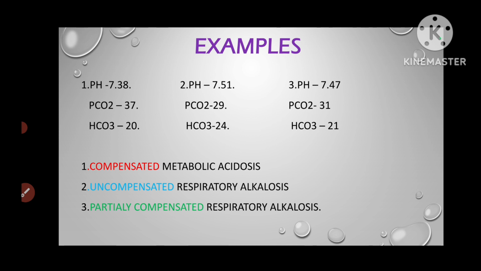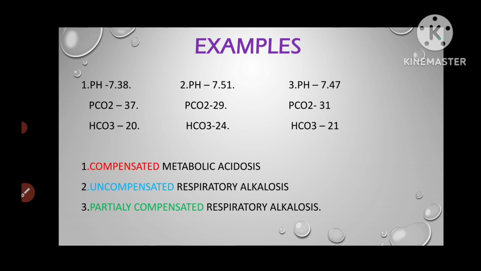In the second case, the pH value is 7.51, which is higher than the normal value, which indicates it is alkalosis. Now we will compare PCO2 with pH. PCO2 is decreased from the normal value of 35 to 45, only 29.